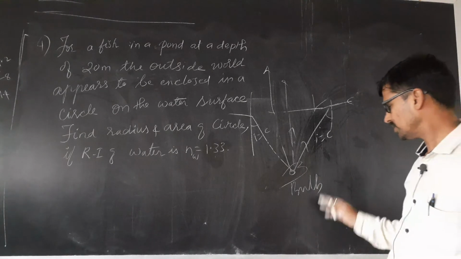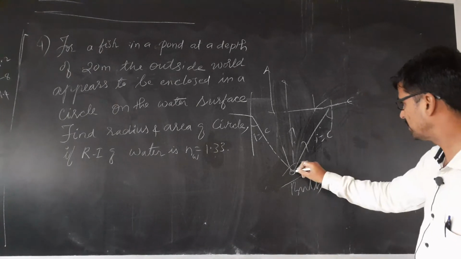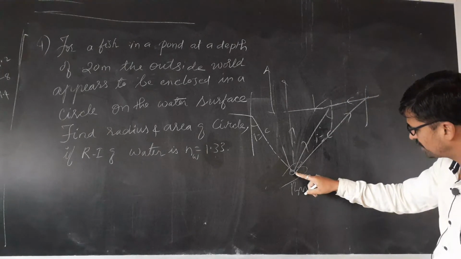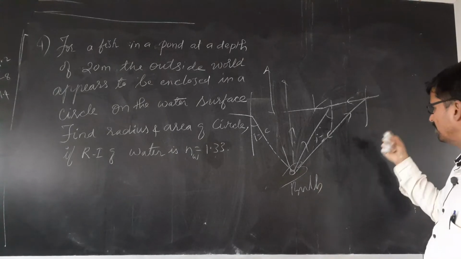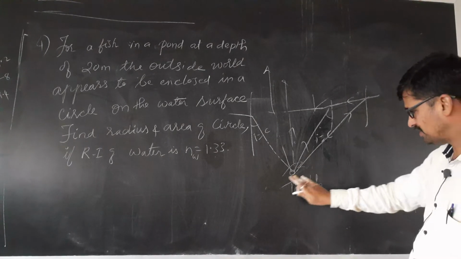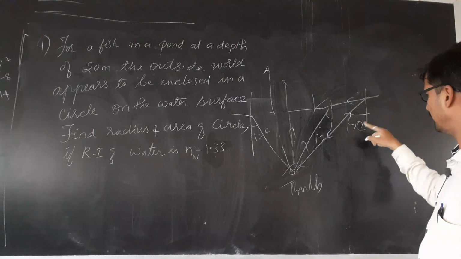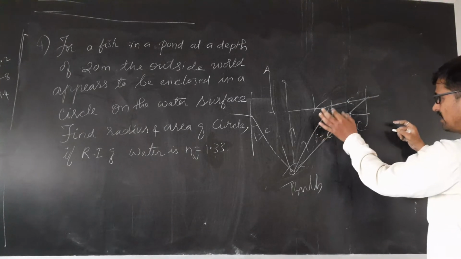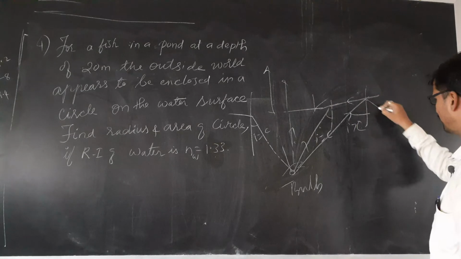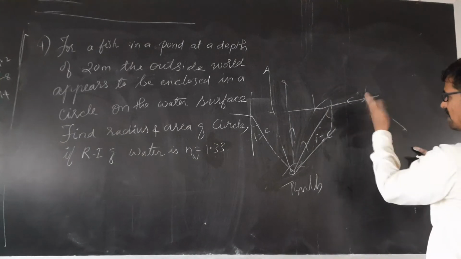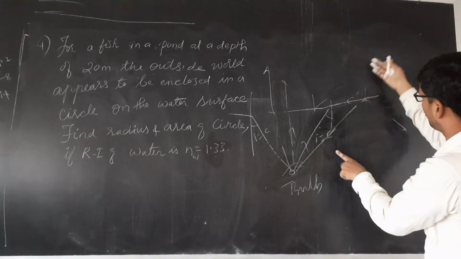Now listen. What about this ray of light? Why can this fish not see this part? Because, imagine the bulb again, whatever light is sent, the angle of incidence is more than the critical angle, so therefore it will undergo total internal reflection. So this side it is all dark. This light does not come out.